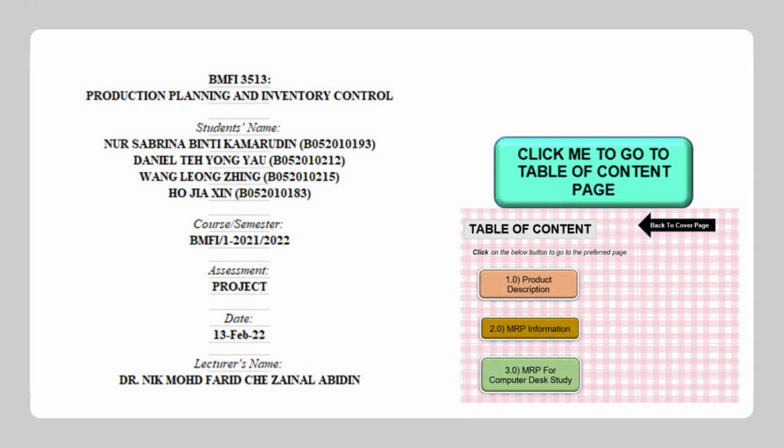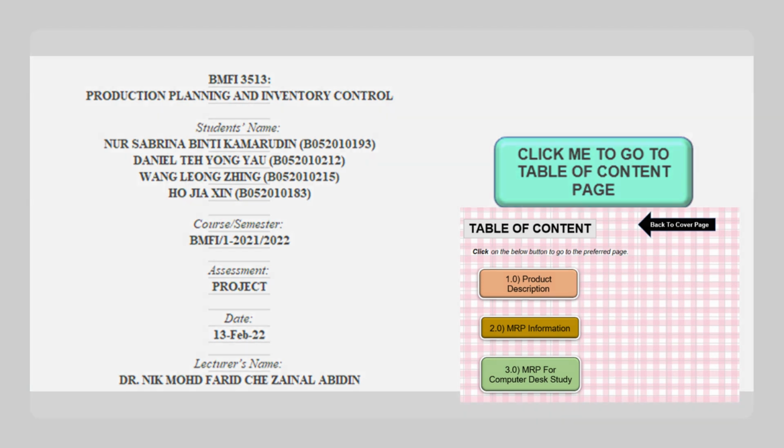Lastly, for user-friendliness, we have improvised some of it. We have added icons so that it will bring the user straight to the details the user wants to see. Likewise, here, if you press on product description, MRP information, or MRP compute for computer desk study, it will bring them there.